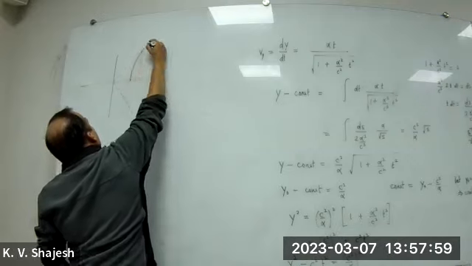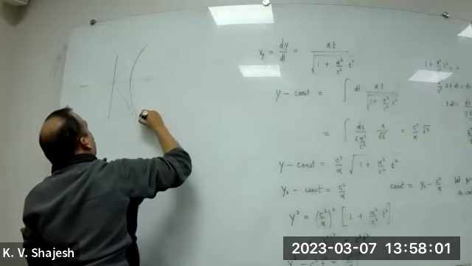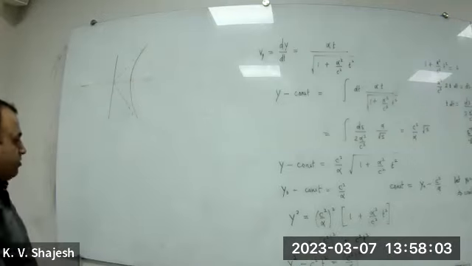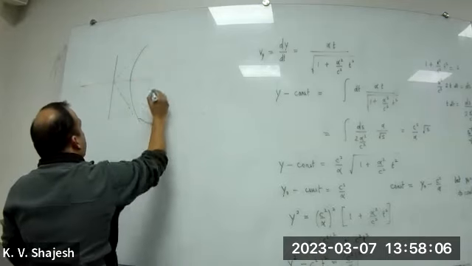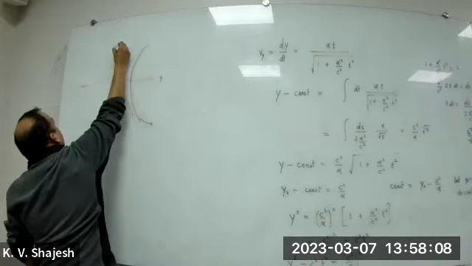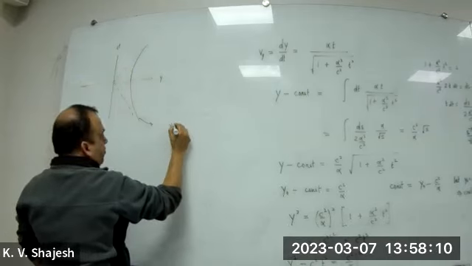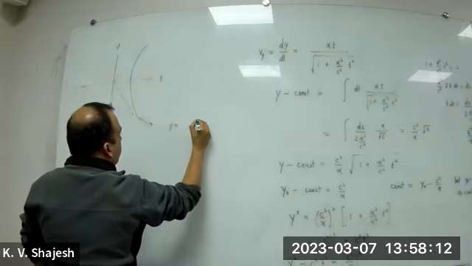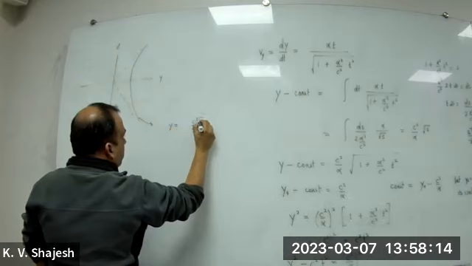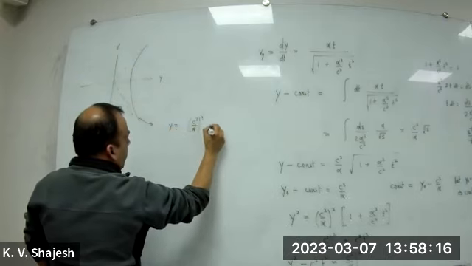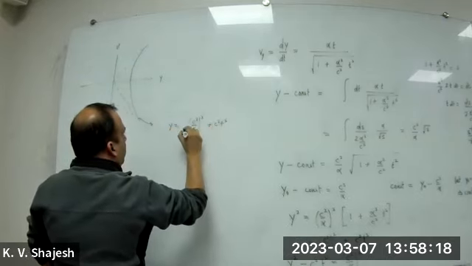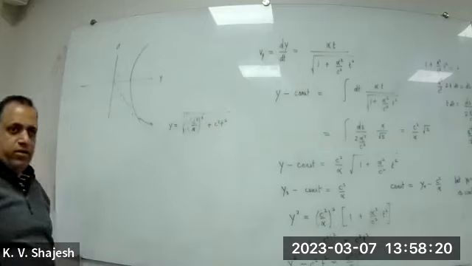That's your hyperbola. So this is the equation, y is the square root of c square over alpha square plus c square t square.